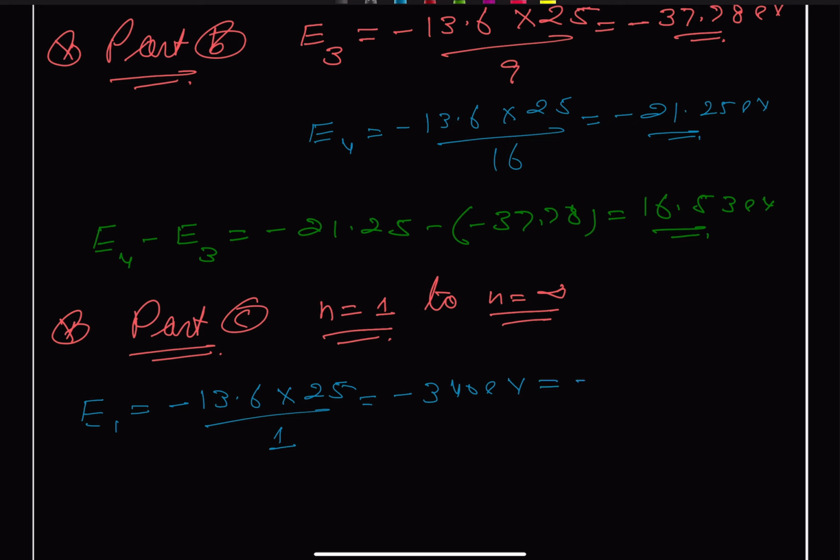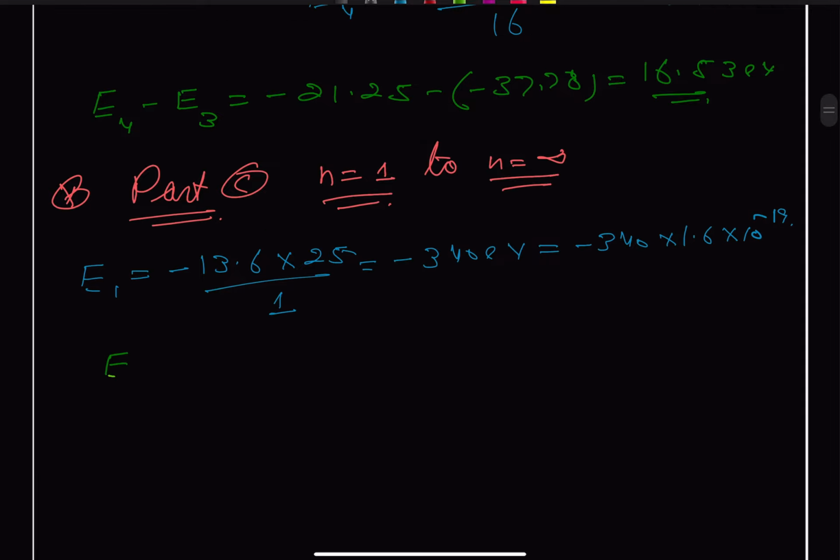So simply we multiply 340 by 1.6 into 10 to the power minus 19, and this gives us that E1 will be equal to 5.44 into 10 to the power minus 17 joules. Now we are going to use the relationship between the energy and wavelength.